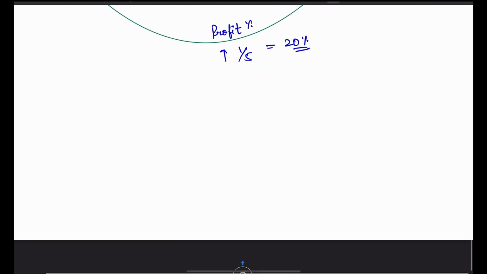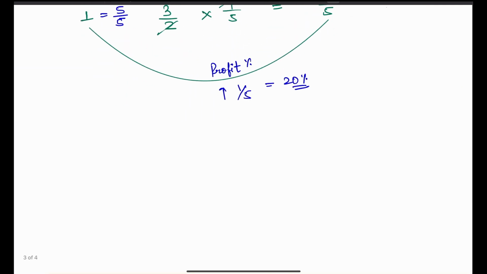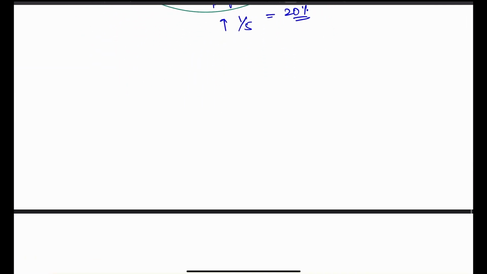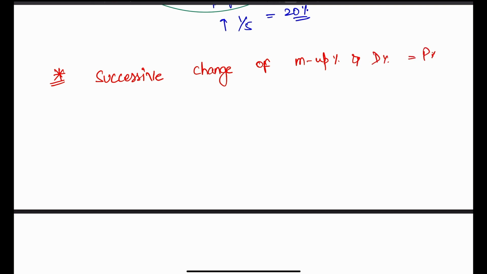So one very important thing comes from here, that is successive change of markup percentage and discount is equal to profit percentage or loss percentage.